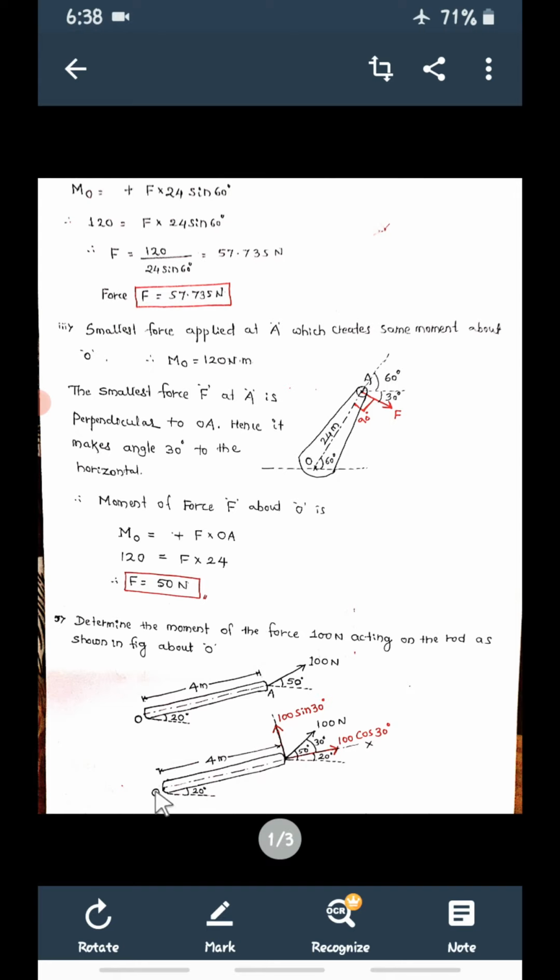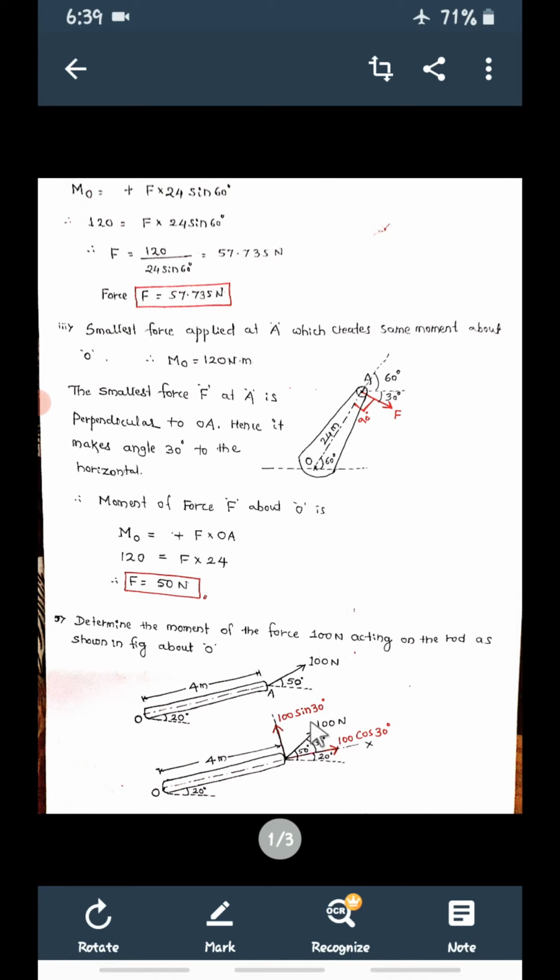If I extend this axis, this is the x-axis now, not the horizontal axis. If I take the axis of the rod itself as x-axis, and perpendicular to this is the y-axis, then we have drawn the x and y axes.